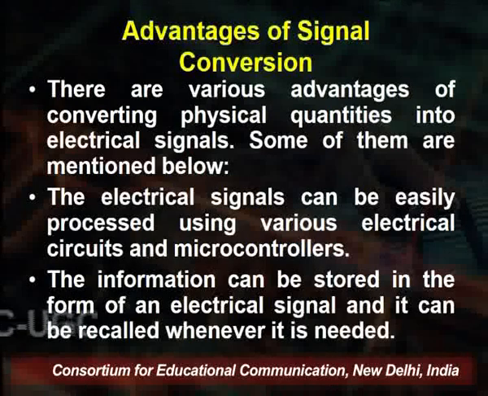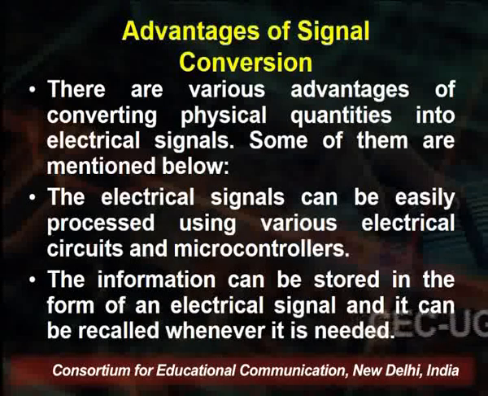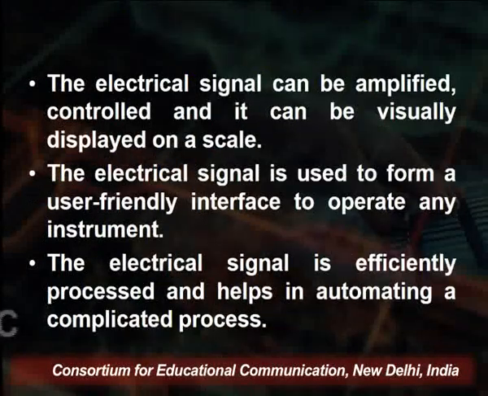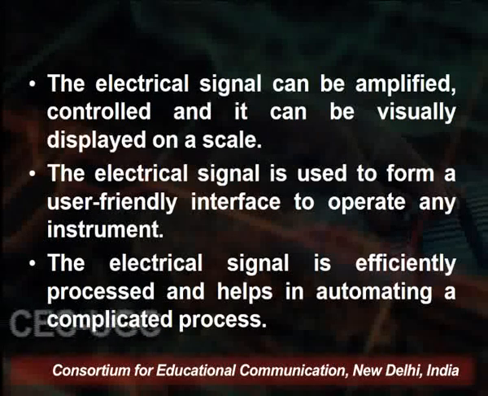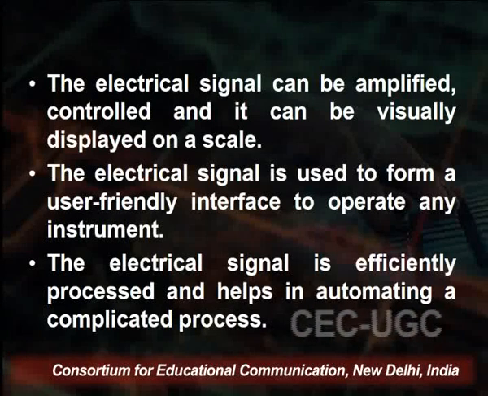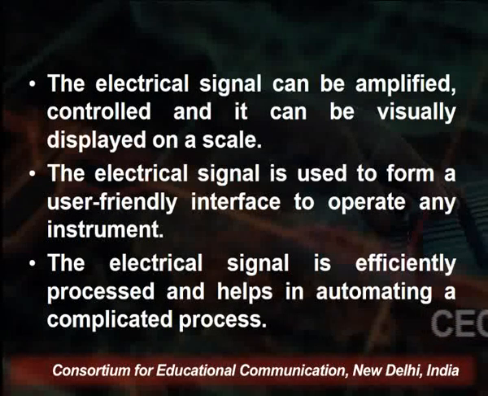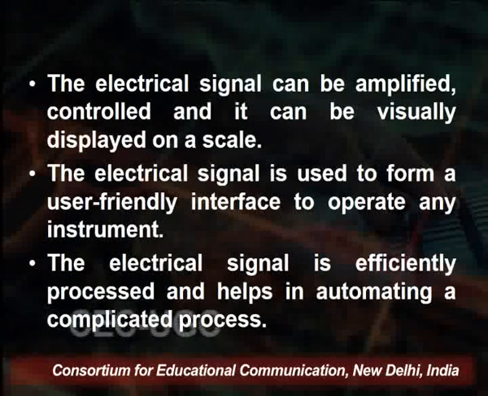The information can be stored easily in the form of an electrical signal and reused whenever we need it. The electrical signal can be amplified in a controlled manner, and it can be visually displayed on a scale. It means we can amplify the electrical signal, and we can control it.